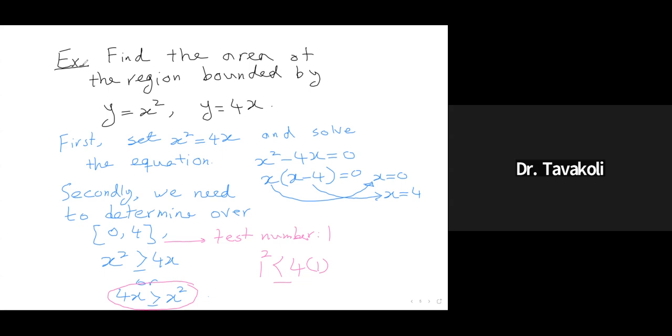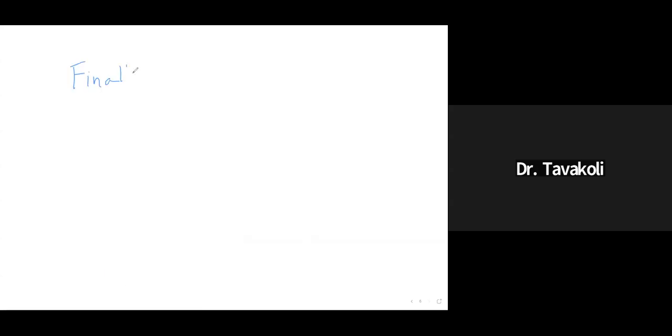So finally, to find the area, I just go with the integral from 0 to 4. 4x is bigger, meaning that 4x comes first, then x squared, dx.